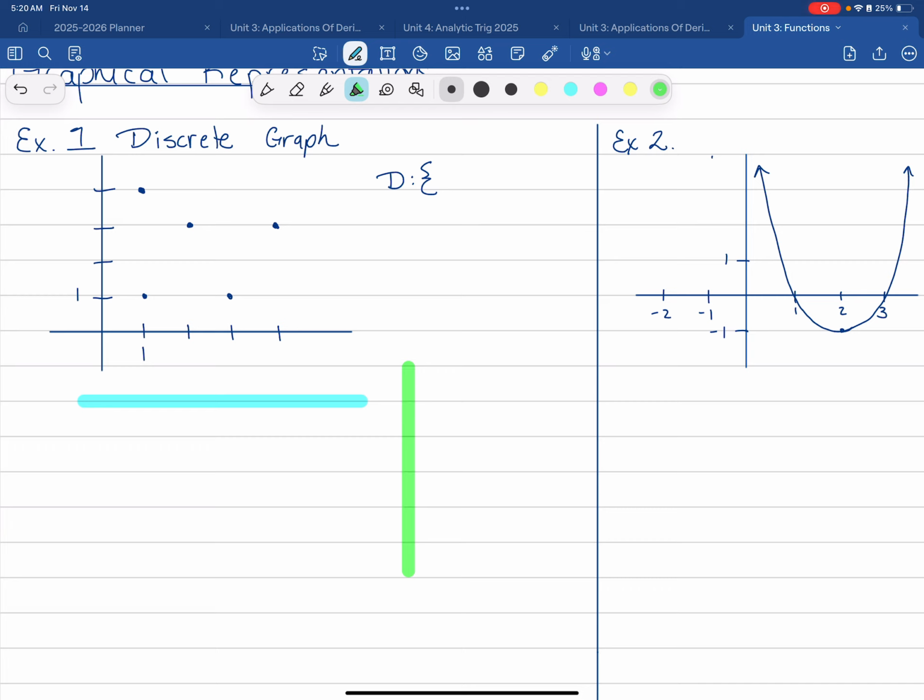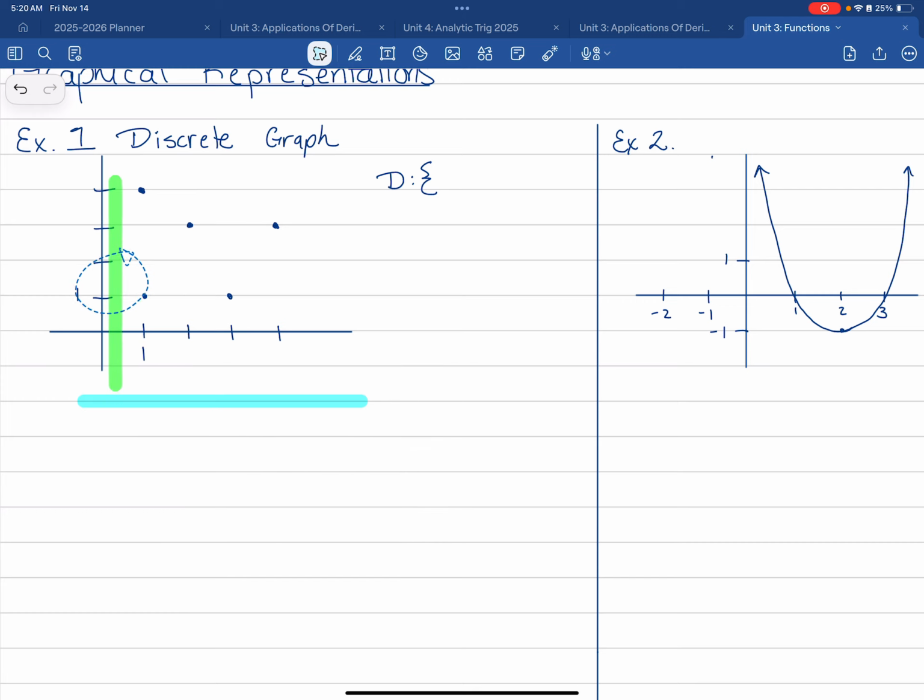So when I'm going to find the domain, I hold my pencil vertically so that it is perpendicular to the x-axis. So that's this green one. And this is going to allow me to move along my x-axis and identify where I have x values that have an output.